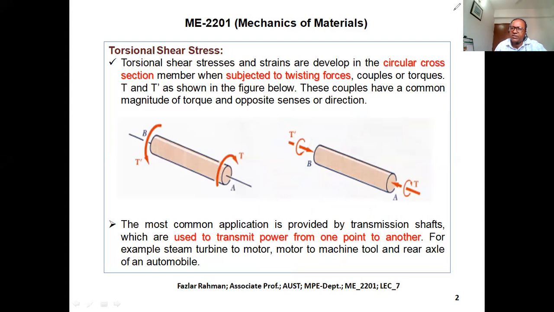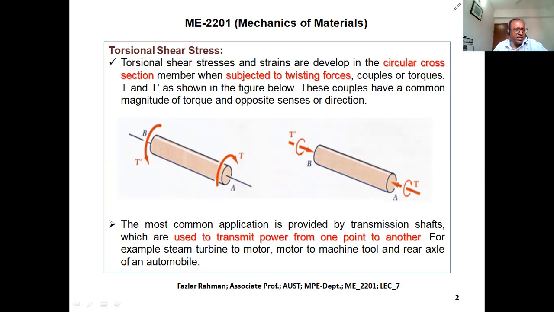Experimentally, you can prove it. Take a stock pencil and hold it and do like that. If I hold it and try to twist this way, due to the support you will apply torque in the opposite direction. Similarly, if you take a soft pencil and do like that, it will automatically break down.